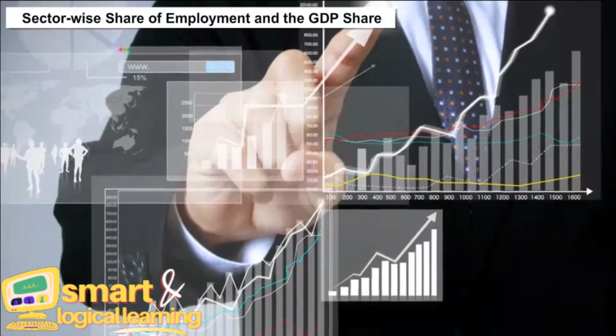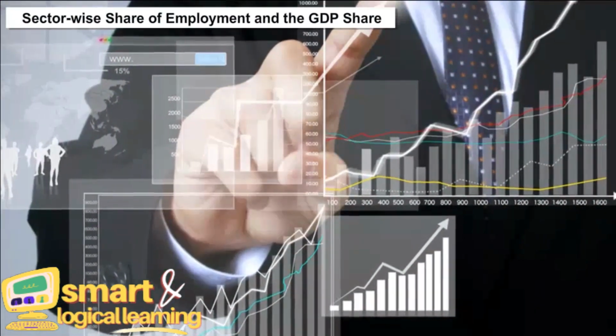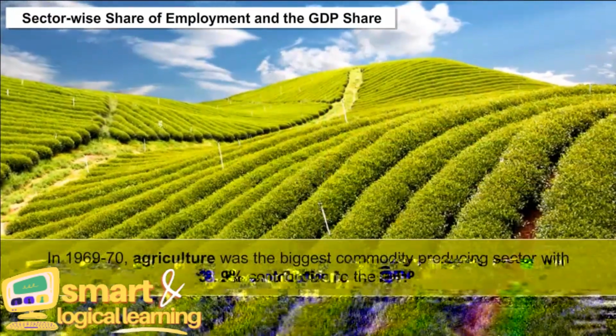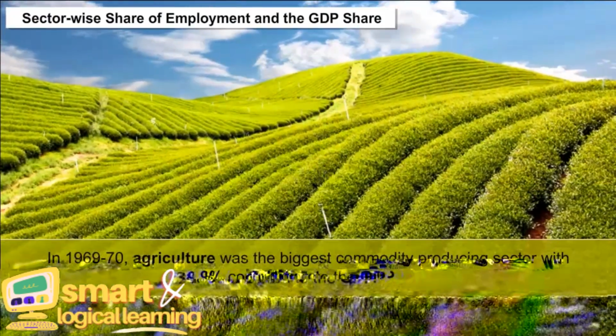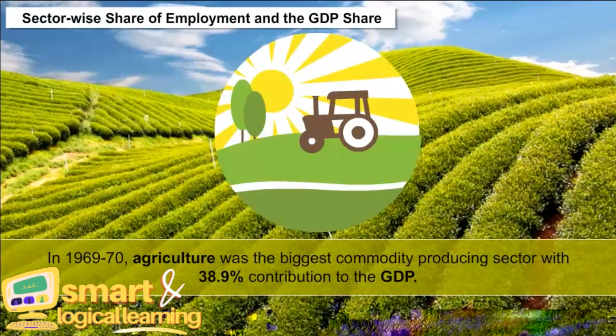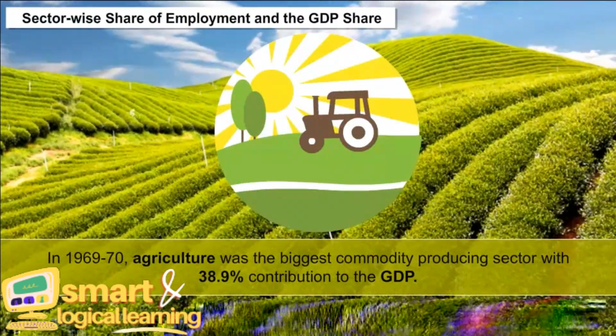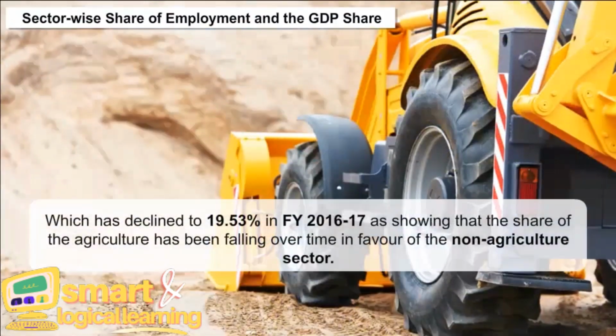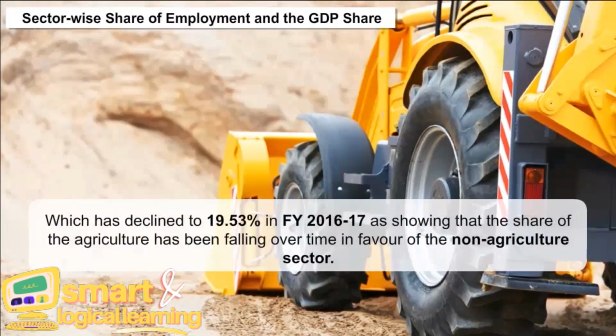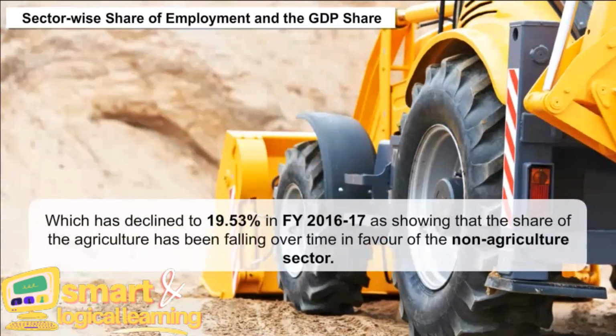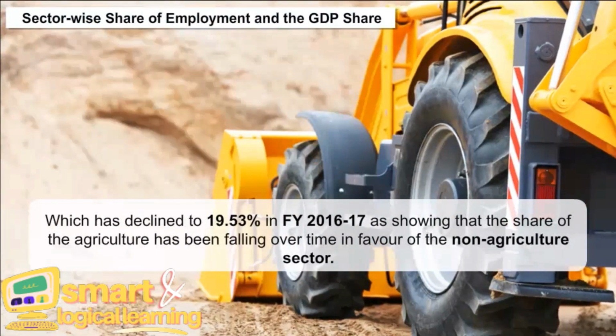Sector-wise share of employment and the GDP share. In 1969 to 70, agriculture was the biggest commodity-producing sector with a 38.9% contribution to the GDP, which has declined to 19.53% in financial year 2016-17.